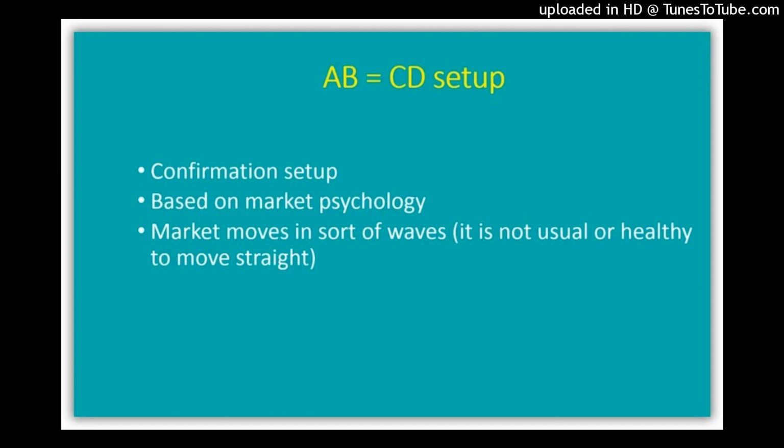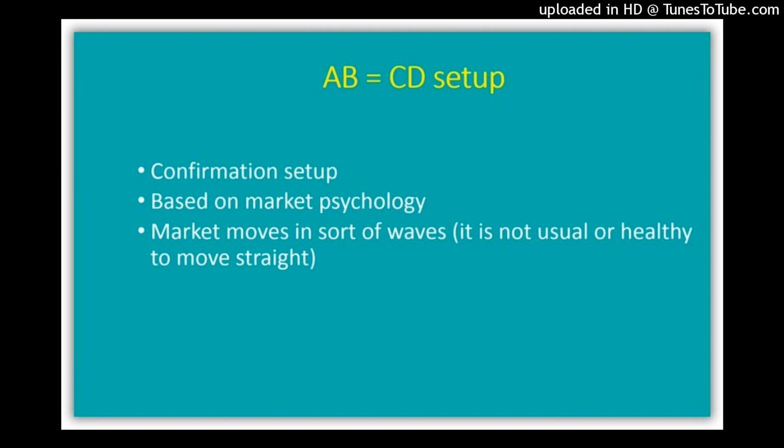For example, when I'm not really sure if I should trade the volume setup or not, because it doesn't look that good and I can't make up my mind, then I look for confirmation setups. If there is a confirmation setup, the level is stronger, there's a higher probability that the level will work.